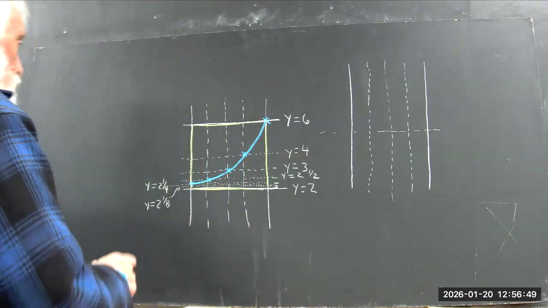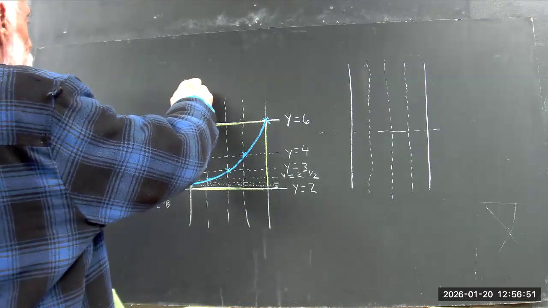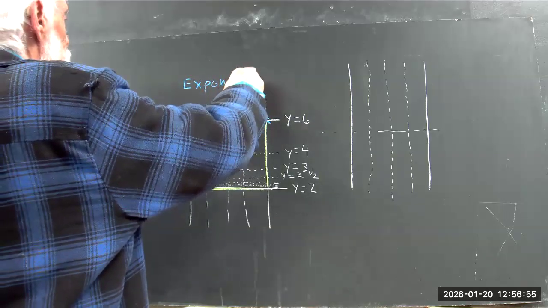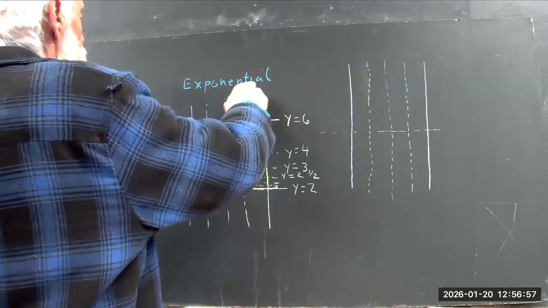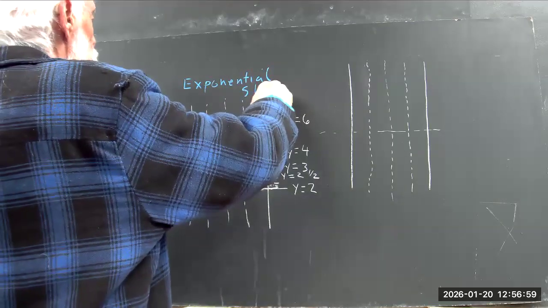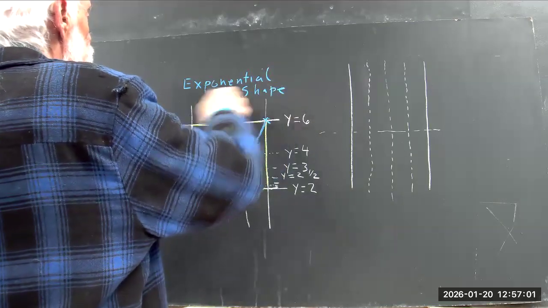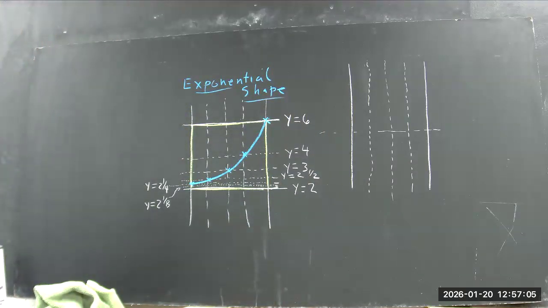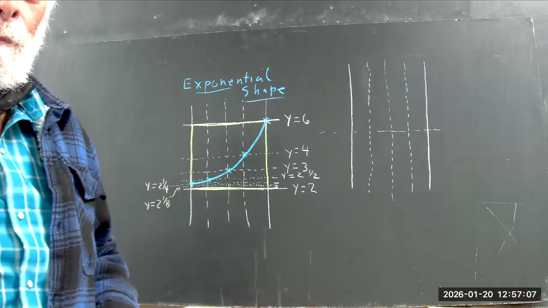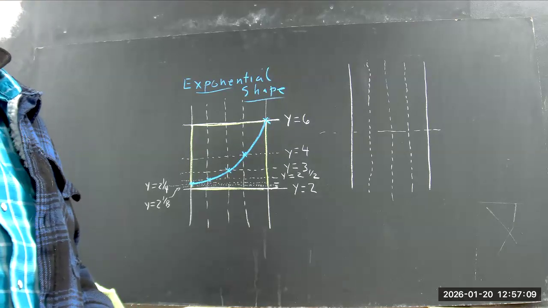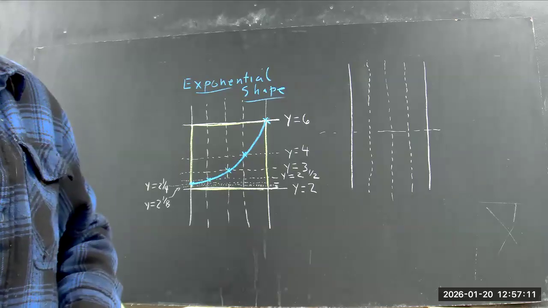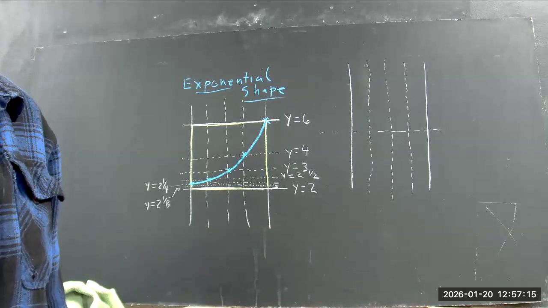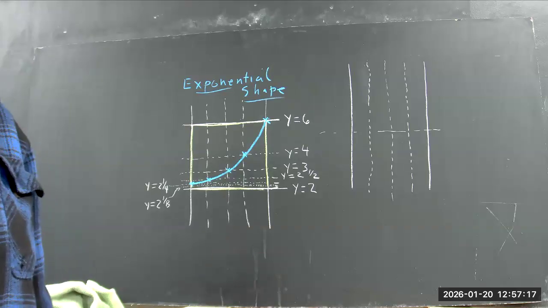You have the exponential shape. Okay. You invest some pocket change, say $10,000.